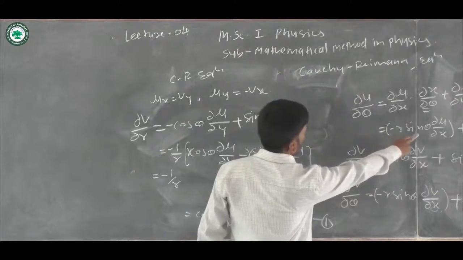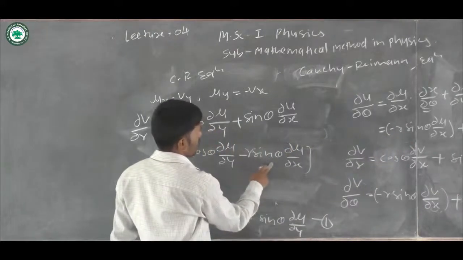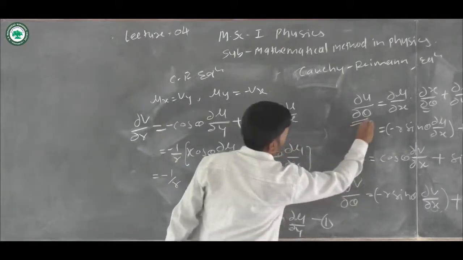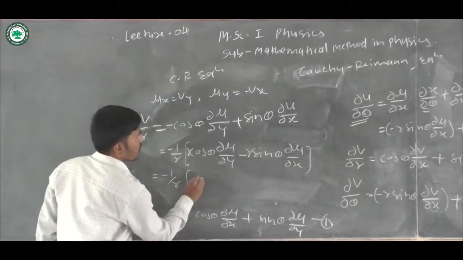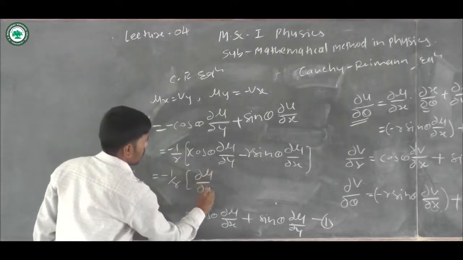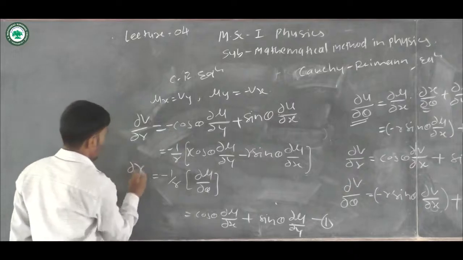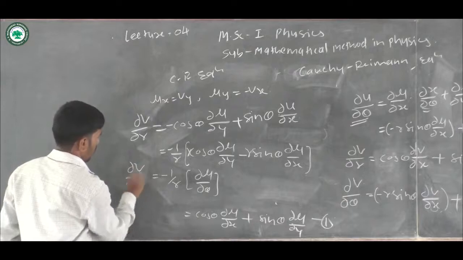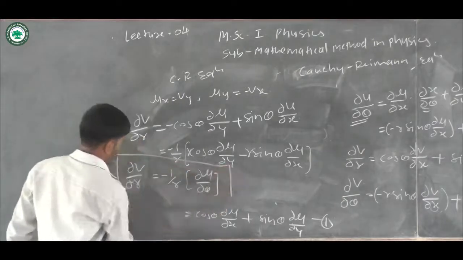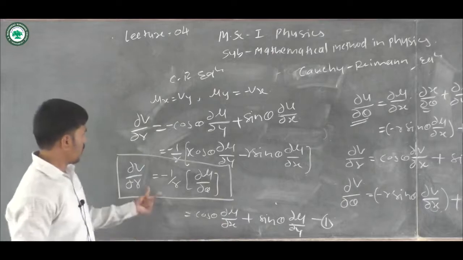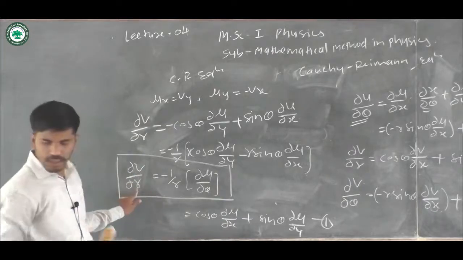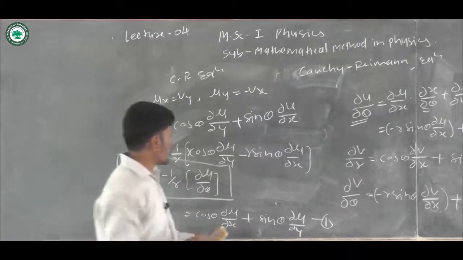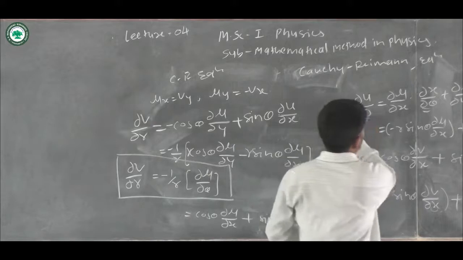Minus r sin theta ∂u/∂x plus r cos theta ∂u/∂y, so we can write this as minus ∂u/∂theta. So ∂v/∂r is the first condition: ∂v/∂r is equal to minus 1 by r ∂u/∂theta.